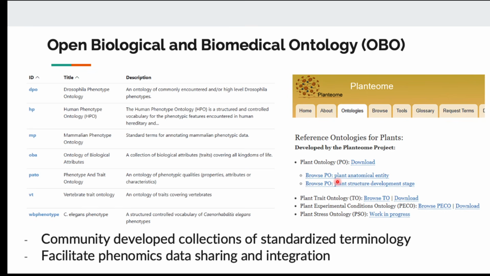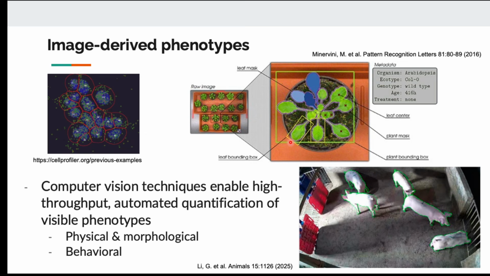So people who study plants have standardized terms to describe different parts of the plants and what phenotypes they measure. These are community-based. People around the world who study the same animal or the same plant come together to propose how they standardize the way they describe the data. So it facilitates data integration across labs. Okay, so let's look at some phenotypes that we can measure.